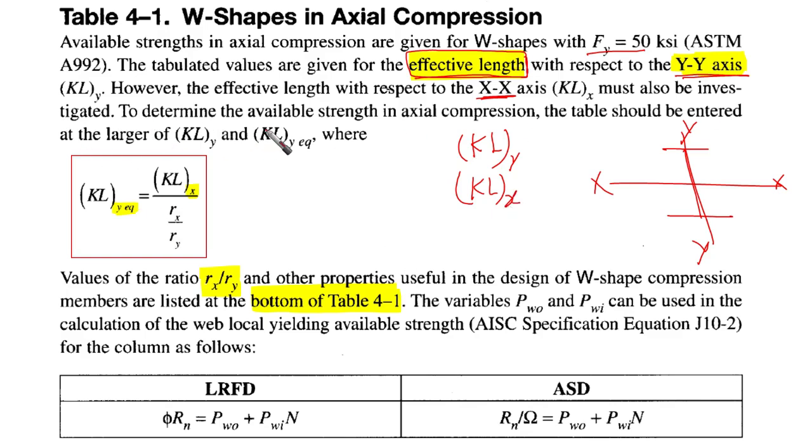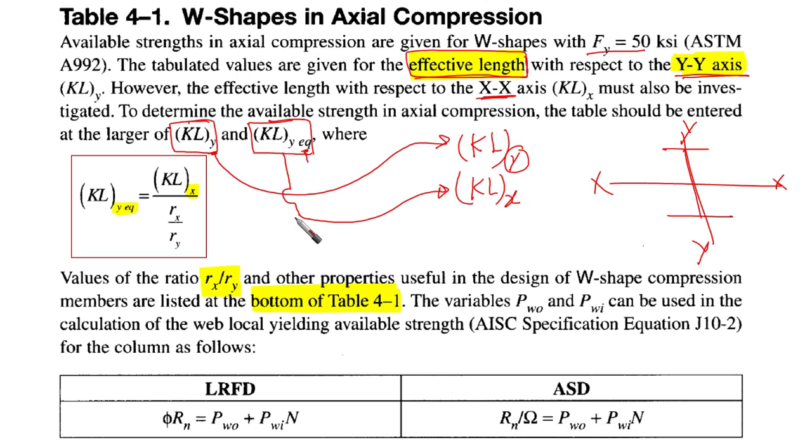To determine the available strengths in axial compression, the table should be entered at the larger of KL with respect to y and KL with respect to y equivalent. Take care: the first is KL with respect to y, and we are going to calculate something from KL with respect to x, which we call KLy equivalent.